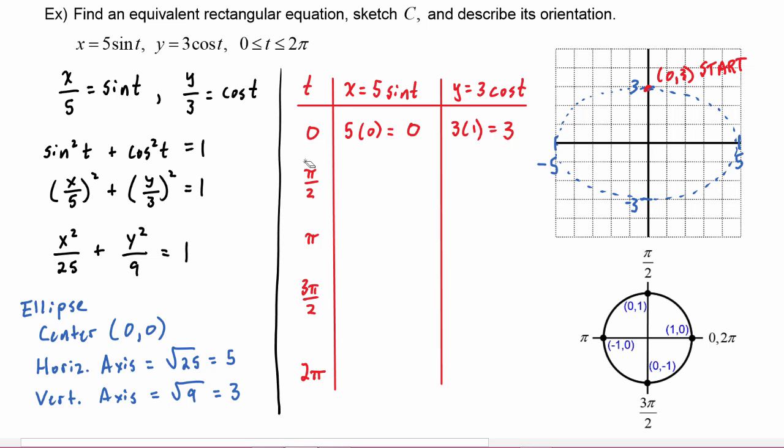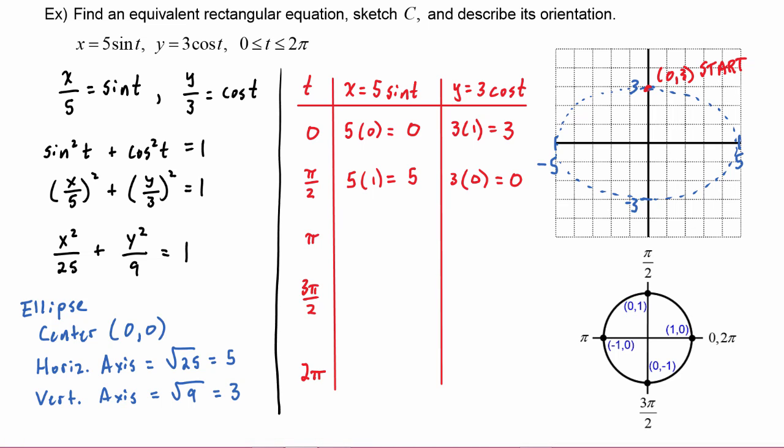Next, we plug in t is equal to pi over 2, so our x value will be 5 times the sine of pi over 2, which is 1. So our x value is 5. Y is going to be 3 times the cosine of pi over 2, which is 0. 3 times 0 is 0.